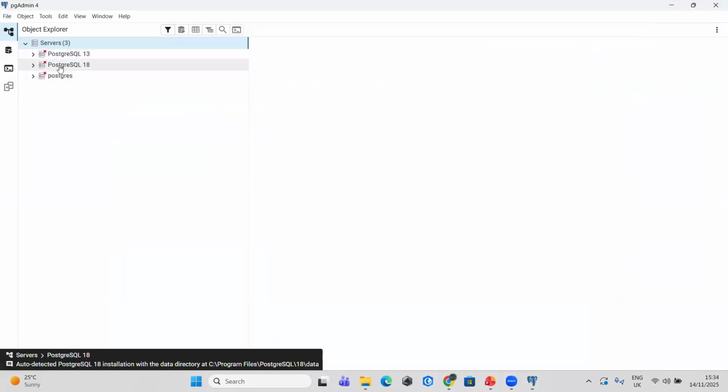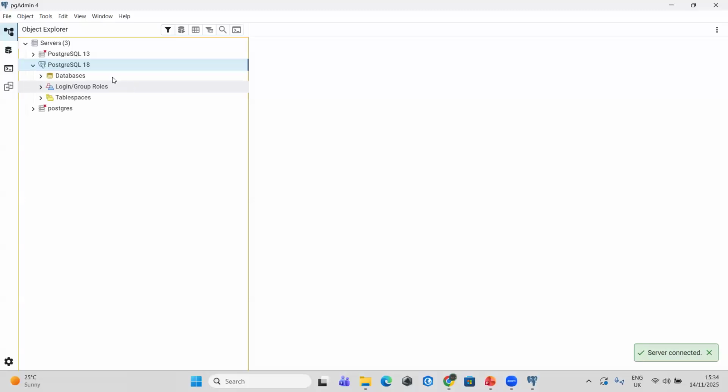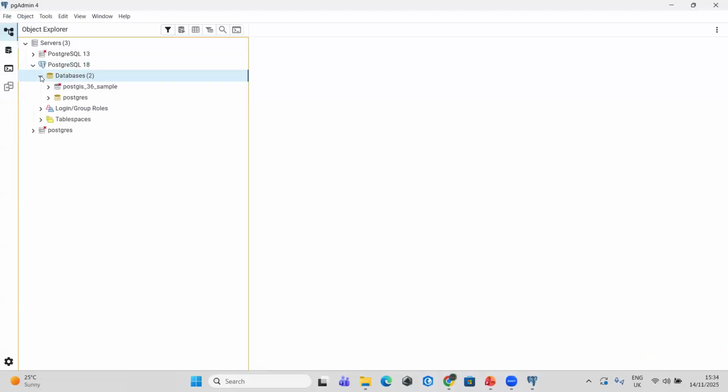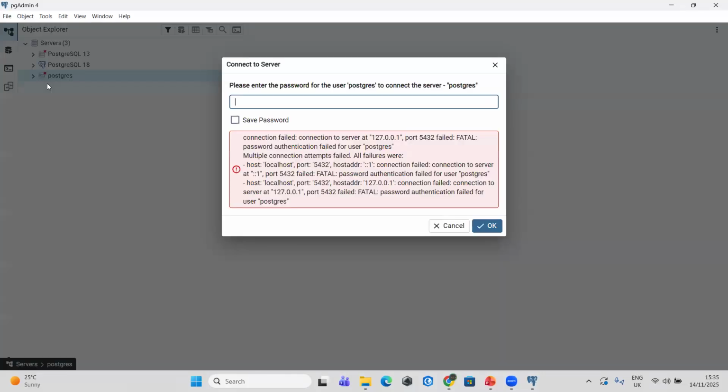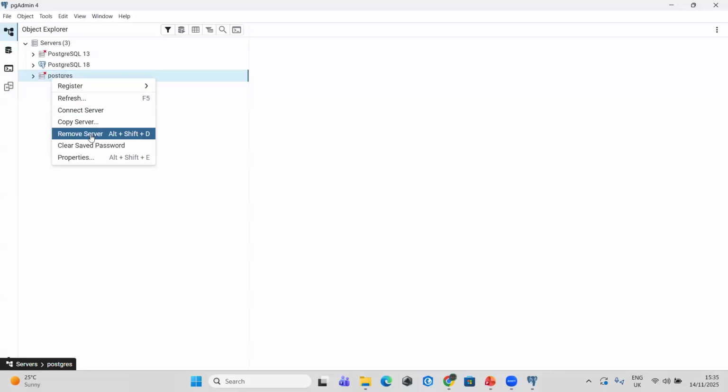So when you click on this, it will ask you the 18? password. So I created the password. Now I'm able to log in. Yeah. Yes, yes, yes, yes. Move server.